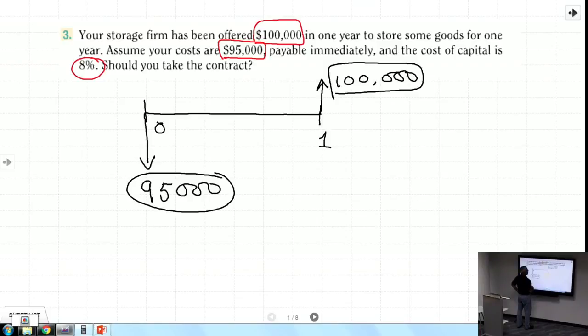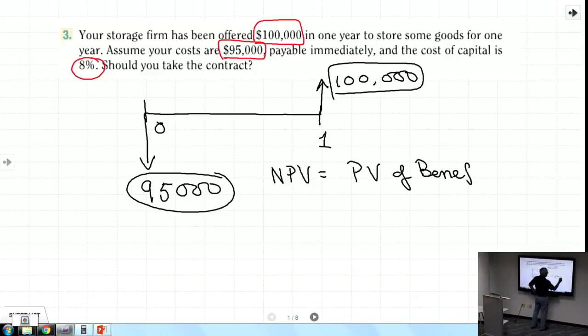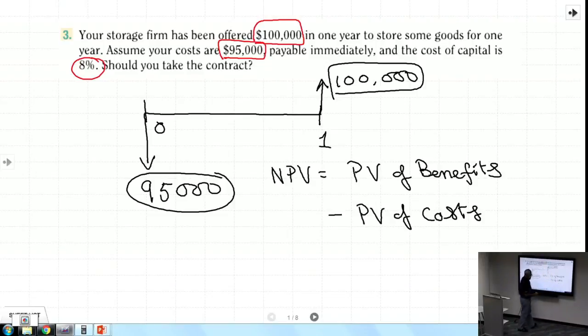$95,000 is your cost. So essentially, net present value will be present value of benefits minus present value of costs. So the cost is already in present value terms.